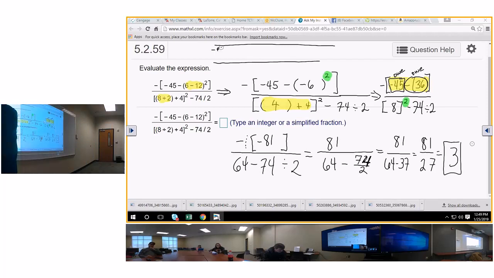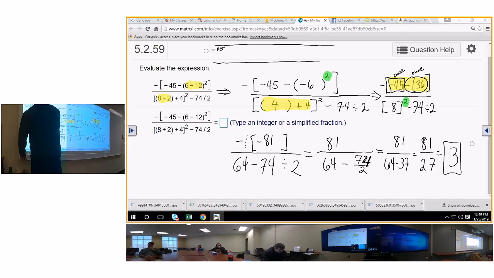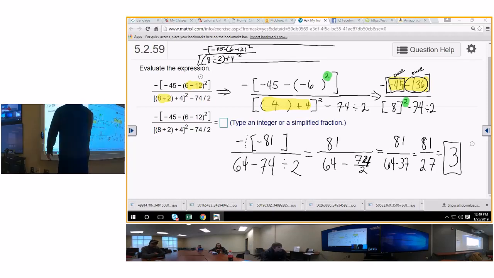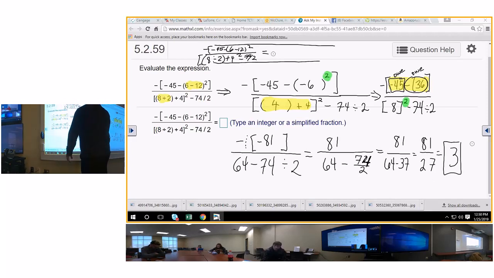Negative 45, got the negative out front, negative 6 minus 12 quantity squared over brackets 8 divided by 2, close, plus 4 squared, and I leave off the bracket here, and divided by 74 over 2. And then they go over here and try to do it like this.